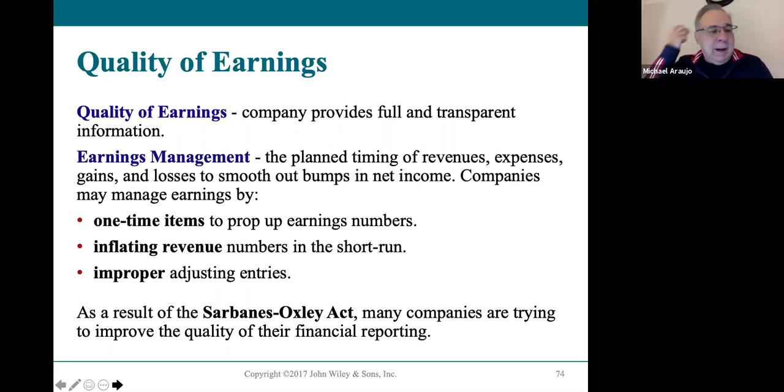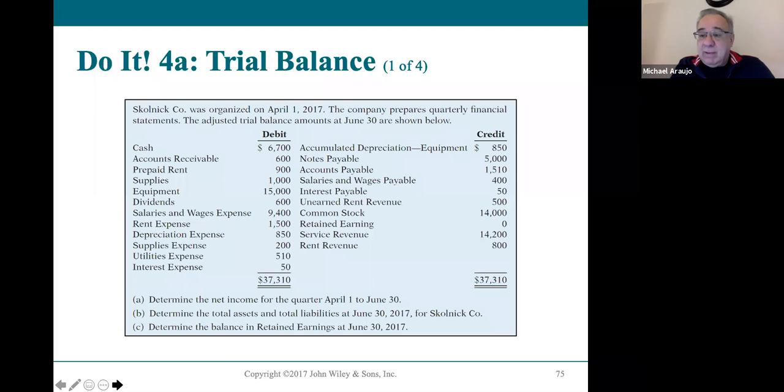Okay. So it's really important that we do the financial reporting properly, and we follow the steps that are there for GAAP, so we can be very, very clear and careful that our numbers are accurate. Okay.